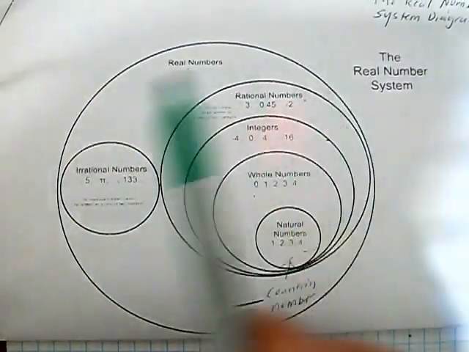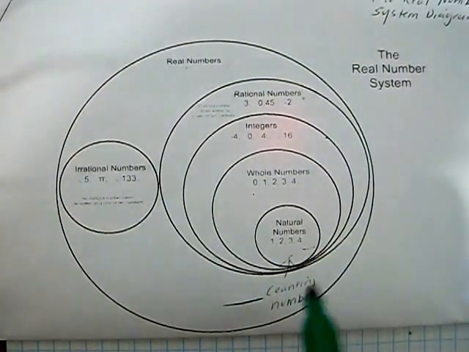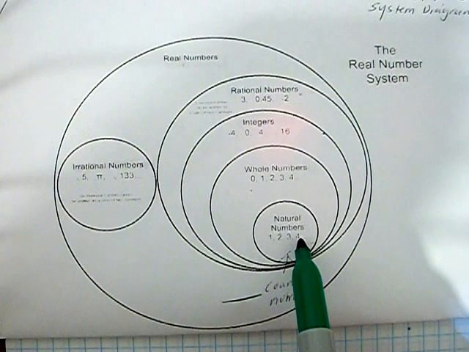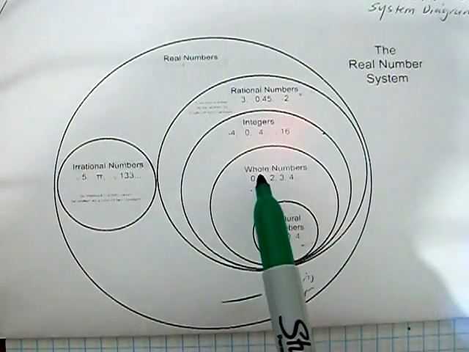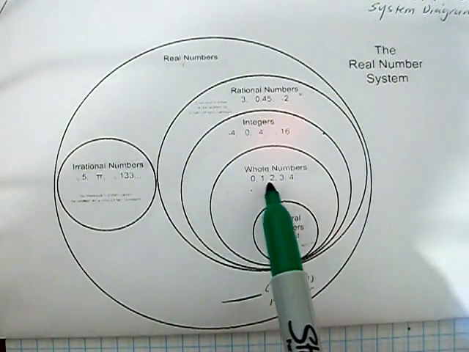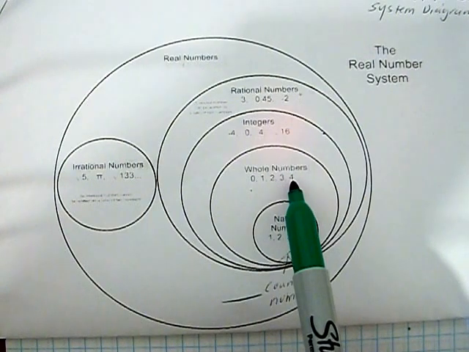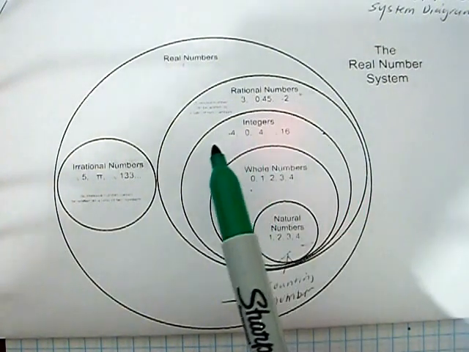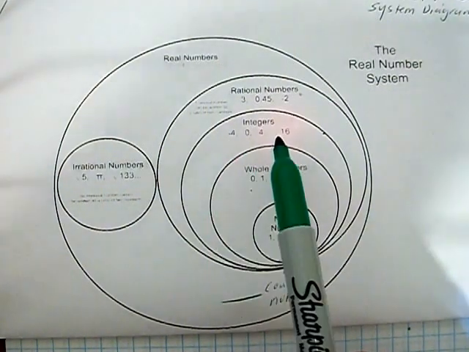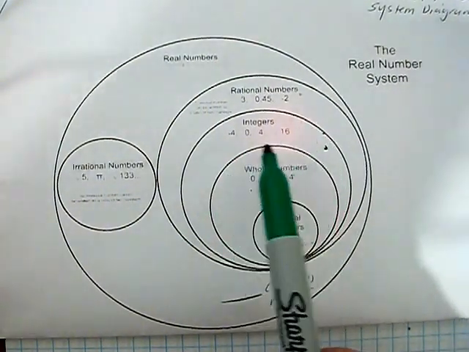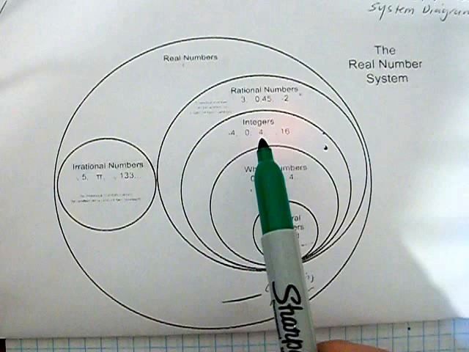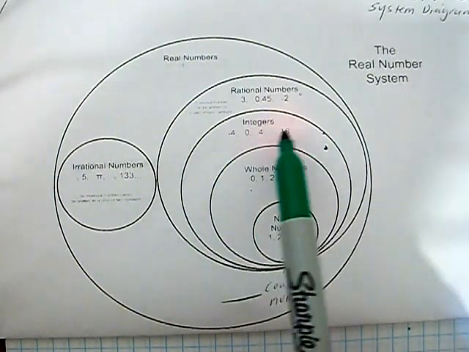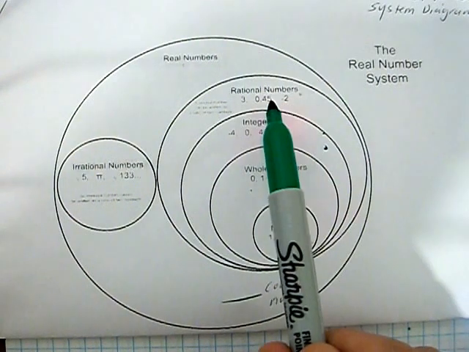Included are natural numbers, 1, 2, 3, 4, and so on. Whole numbers, 0, 1, 2, 3, 4, and so on. Integers, on a number line, you'd have negative numbers and positive numbers: 0, negative 4, 4, square root of 16. All of these are integers.